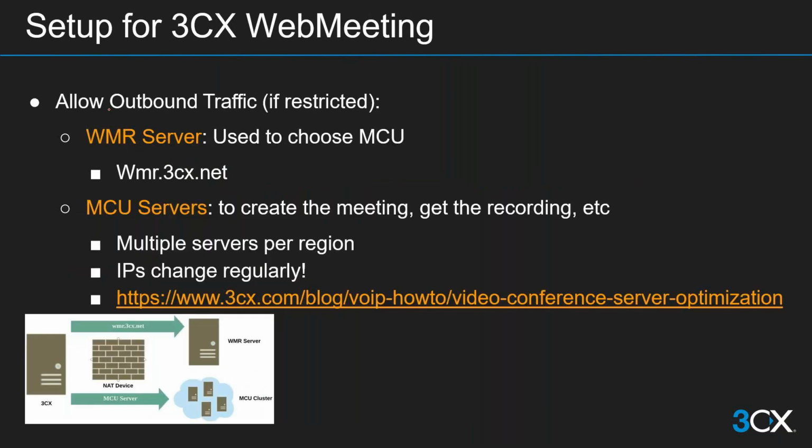Now, for the web meeting, we have to allow outbound traffic to the WMR server, which is wmr.3cx.net. So that domain has to be allowed. The MCU servers create the meeting and get the recording, etc. There are multiple servers per region, and the IPs change regularly because the servers become available based on the demand.